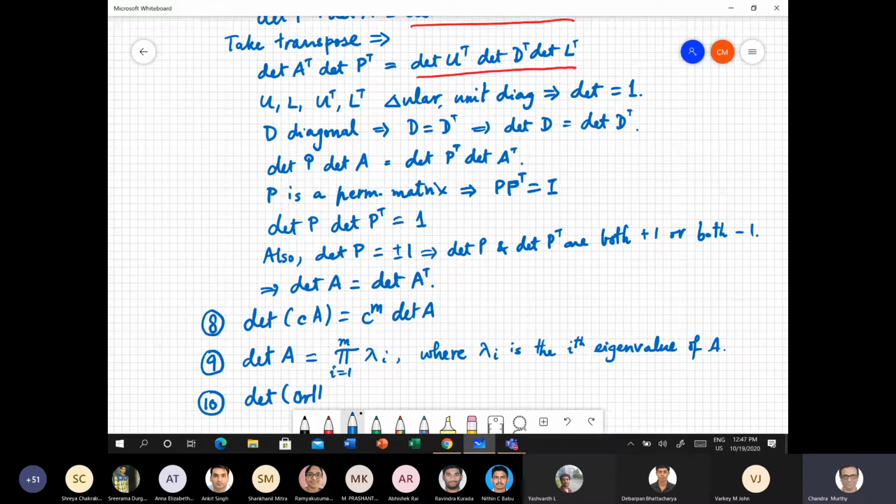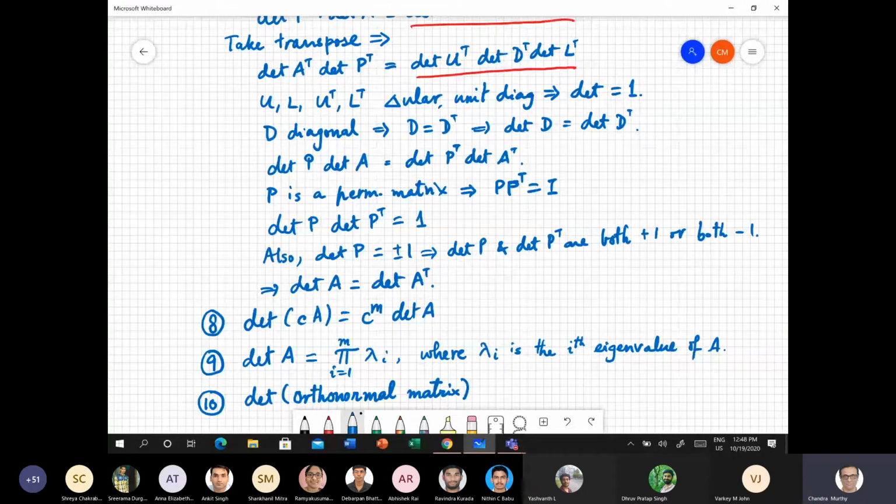Sir, what is the significance of thinking in terms of the volume of the parallelepiped? That is useful because it has connections to differential equations and variable transformations.